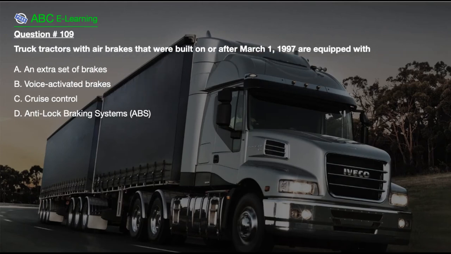Question number 109. Truck tractors with air brakes that were built on or after the 1st of March, 1997 are equipped with A. An extra set of brakes. B. Voice-activated brakes. C. Cruise control. D. Anti-lock braking systems, ABS.